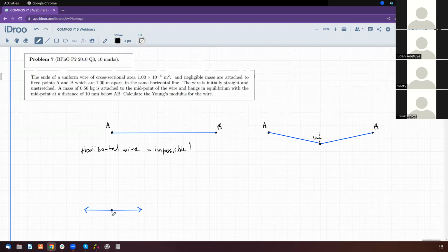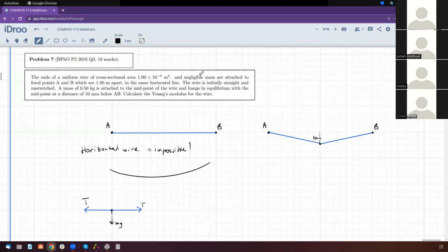But then there is the weight of the wire, mg, which pulls down, and it's not compensated by any other force. If the tension in the wire is horizontal, there's no vertical component. So the wire will always slack, even a tiny bit.